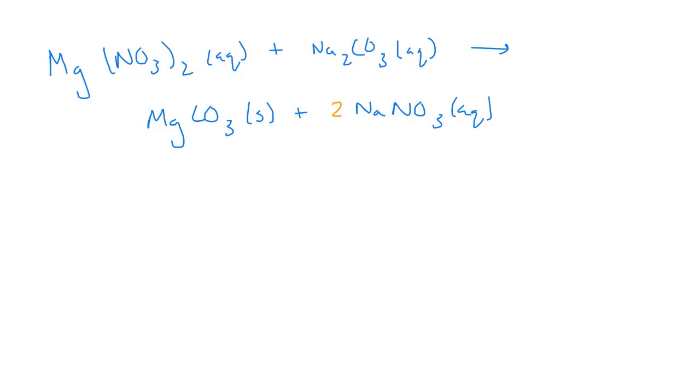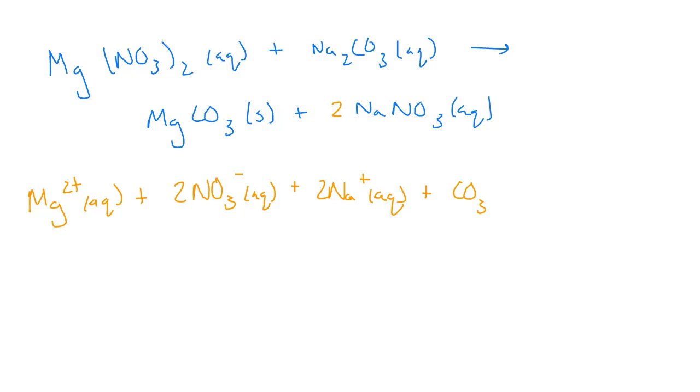So magnesium breaks apart, right? As you can see, if you guys remember from the periodic table, it has a +2 charge. Plus our nitrate. Since we have two of them, we should write 2 NO3 minus. Plus our sodium, we have 2 of those. Plus we have CO3.